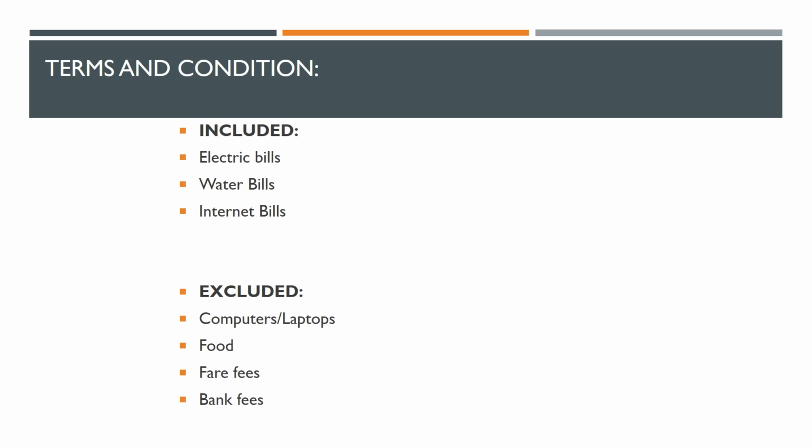So terms and condition. So included electric bills, water bills, internet bills, invest in training and development for diverse employees. And next is elicit feedback from diverse employees and make recommended changes.